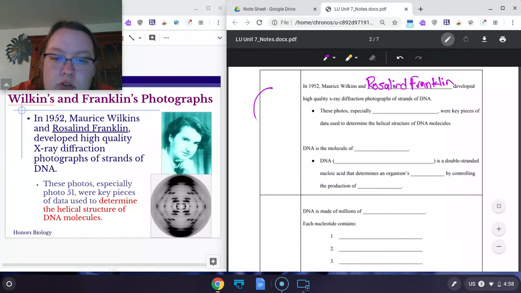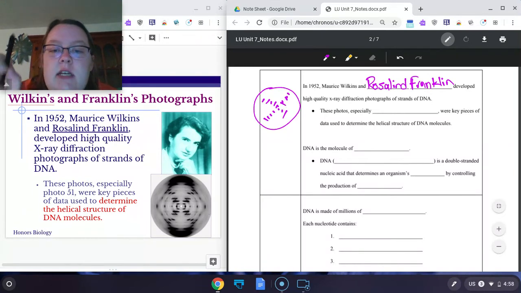So I'm going to go ahead and draw this over here because you'll want to be able to recognize this image. This is an X-ray of DNA. What this X-ray was able to tell them is the structure of DNA. Specifically for them, it was photo 51.